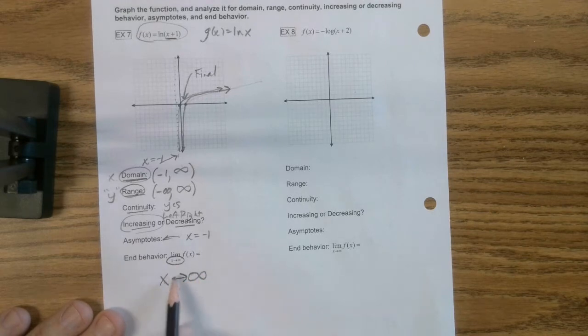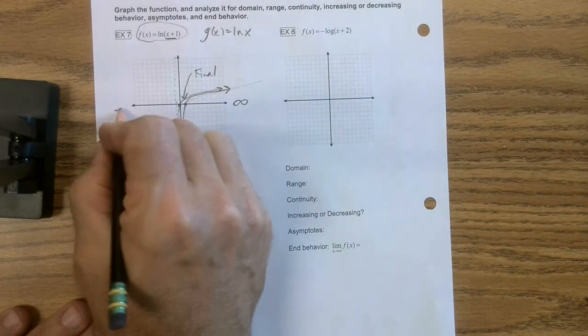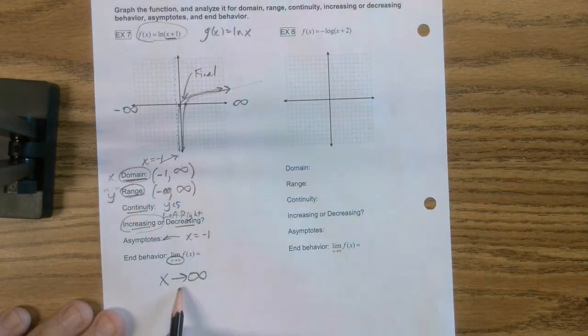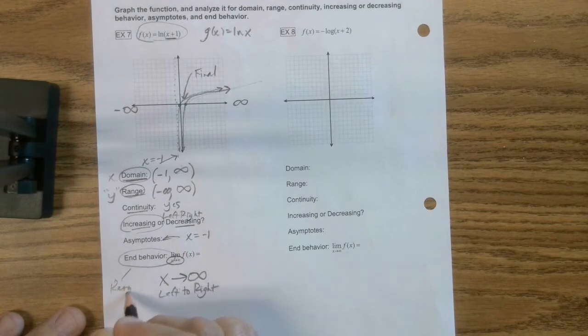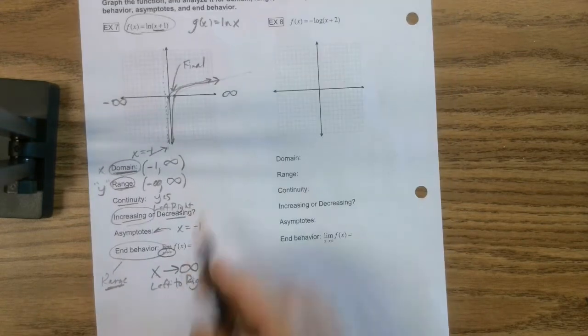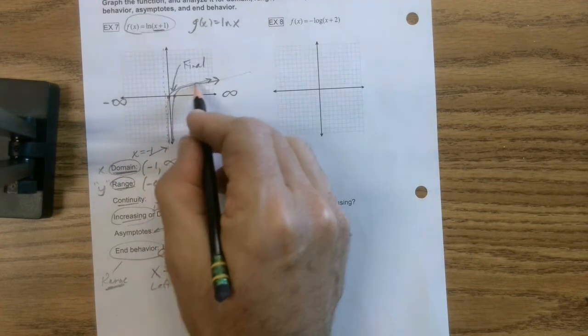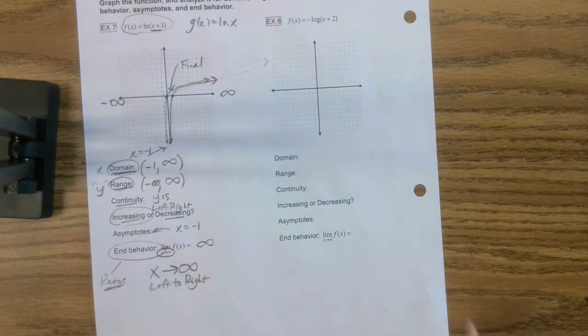It means as x approaches infinity. Well, remember, this is infinity, this is negative infinity. So this is just a fancy way of saying move left to right. And end behavior is talking about the range. How low does it go? How high does it go? Well, if I move left to right along this thing, it's going up. So this would be positive infinity.